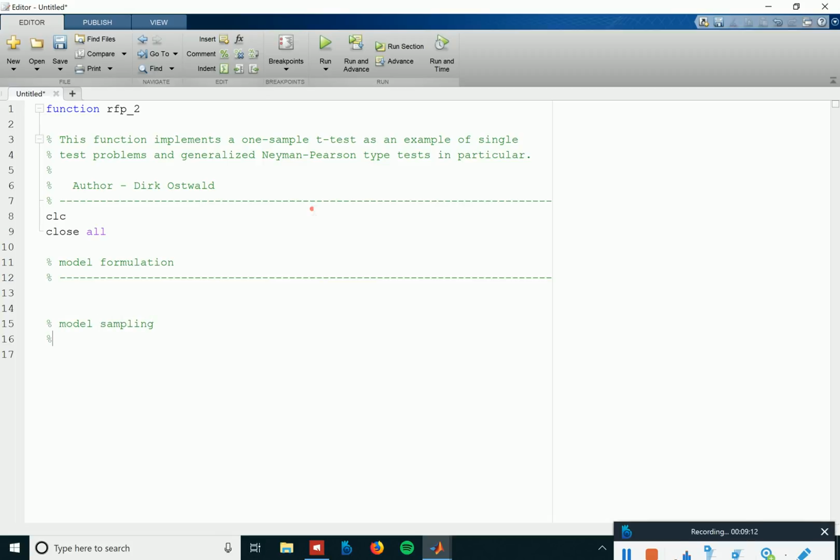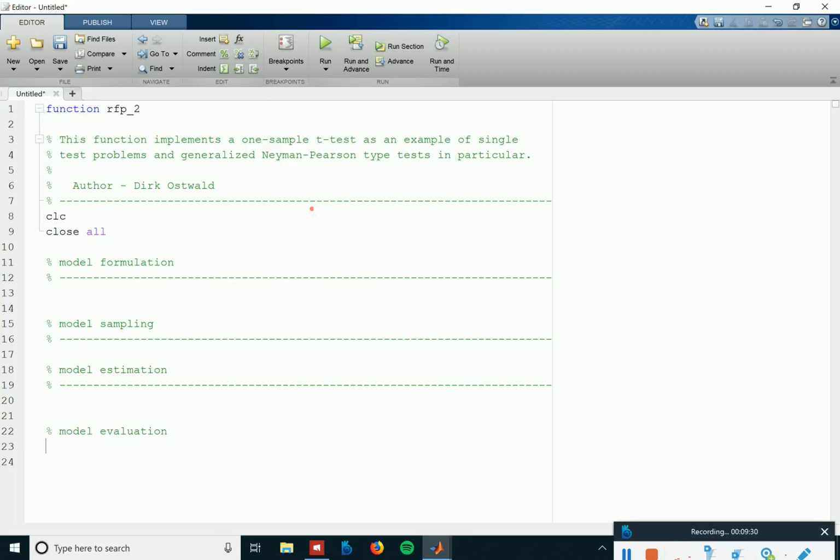And then we, of course, estimate the parameters, and then we evaluate, then we do the t-test, which in the whole framework I call model evaluation, which of course here is kind of a parameter evaluation thing. So these are the 4 things that we do.